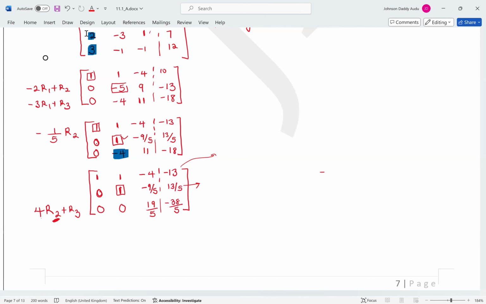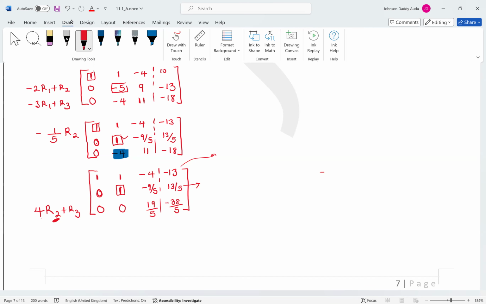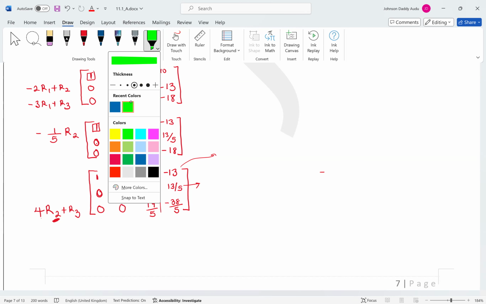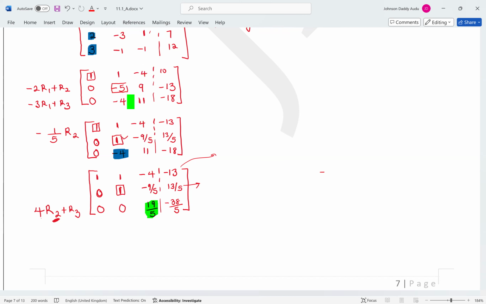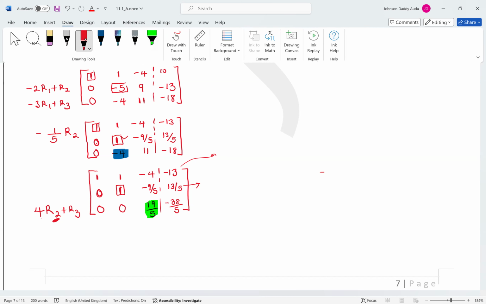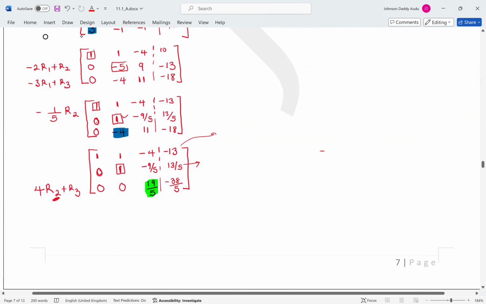Then what next? This one has to go to 1. So for this to go to 1, we need to perform which operation? We just need to multiply row 3 by the reciprocal.